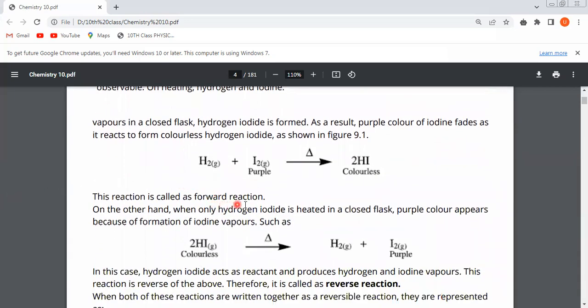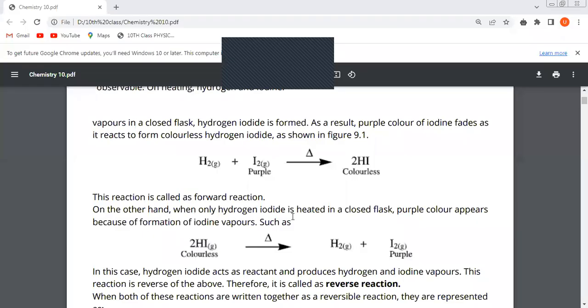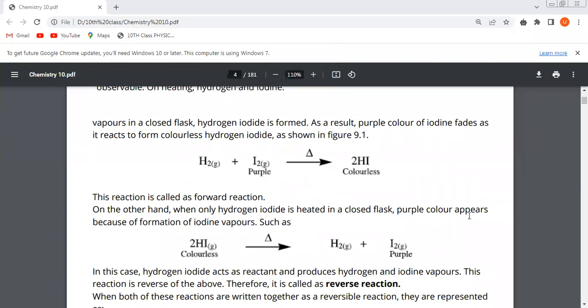This reaction is called the forward reaction. On the other hand, when hydrogen iodide is heated in a closed flask, purple color appears because of the formation of iodine vapors.